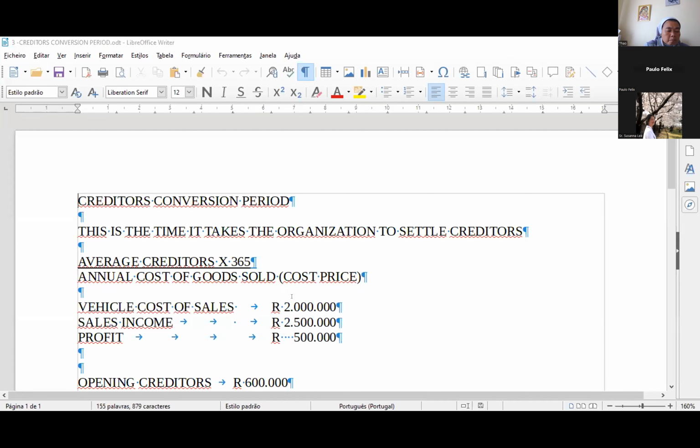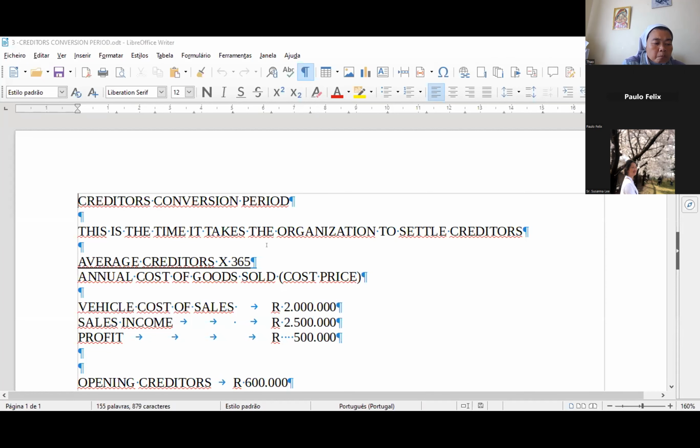Now, when we come to the creditors conversion period, this is the time it takes the organization to settle creditors. It is more or less the same way: the average creditors times 365 days divided by the annual cost of goods sold, cost price.